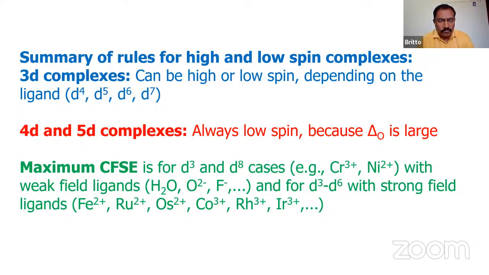The 4D and 5D complexes are always low spin because delta O is large. And then there is maximum crystal field stabilization energy for D3 and D8 cases.